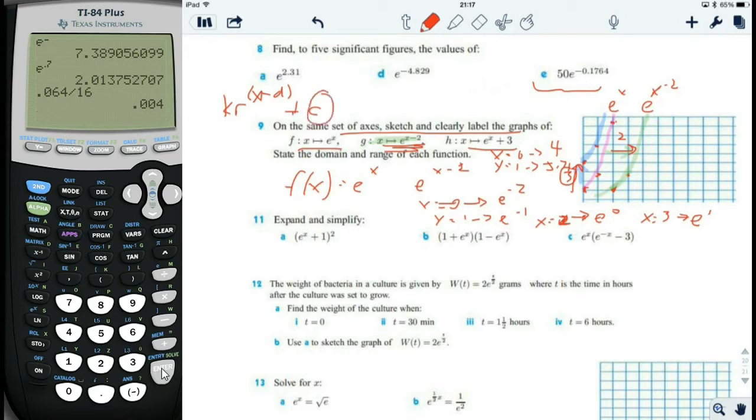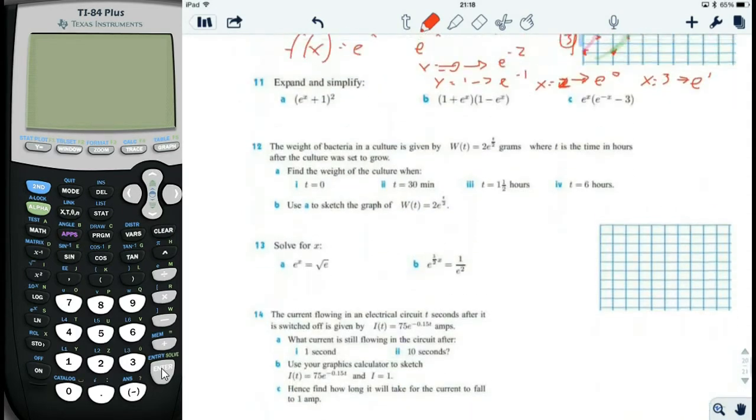And remember that when you add a c term, what it did was it moved it up and down. And when you put in the d term, it moved it left and right. And that's just what's happening here. The x minus 2 is moving it to the right by 2, and the plus 3 is moving it up by 3. So when you put in these modifying numbers, it just translates the exponent curve around the screen. Okay?